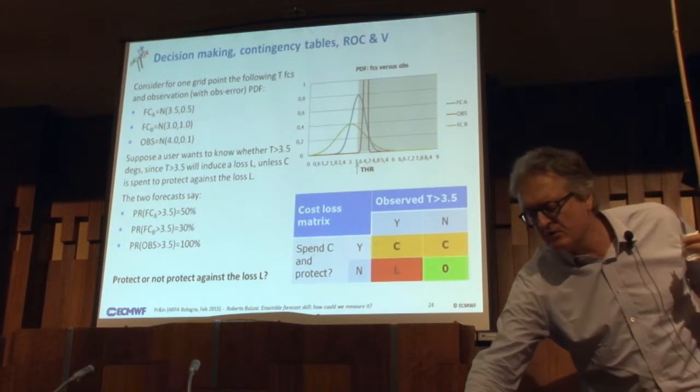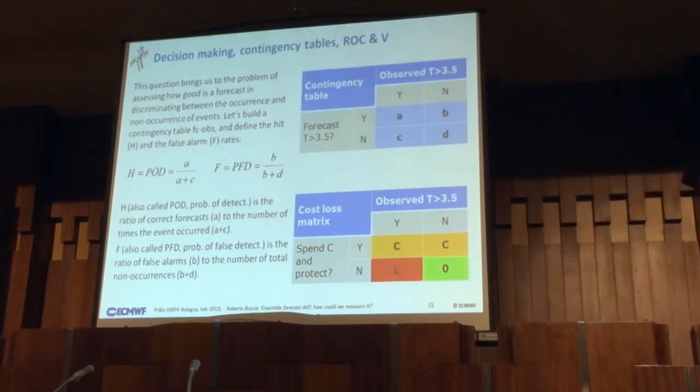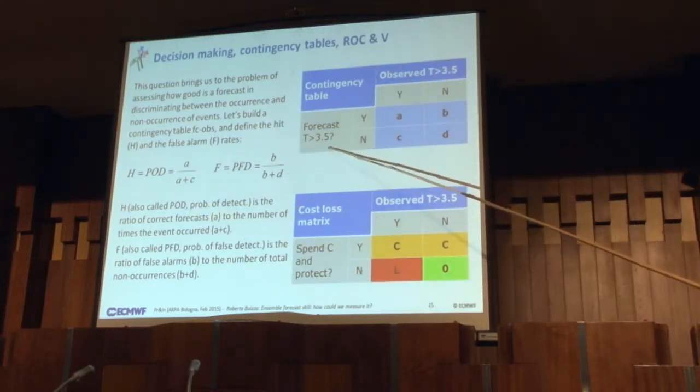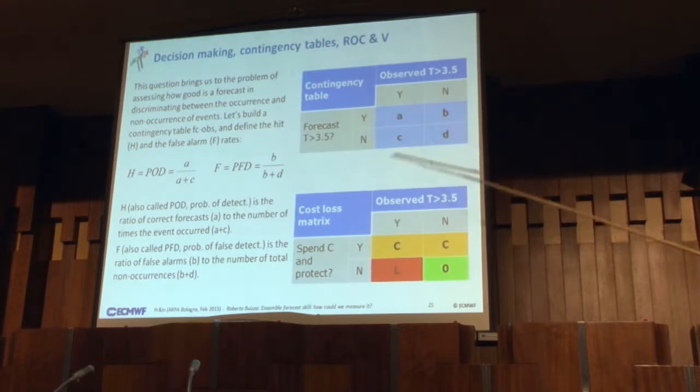So you can look at the forecast and build a similar contingency table where you compute the probability that the event would occur or not. You can compute the probability that temperature would be above 3.5 degrees. And then by comparing these two, you can define a score.